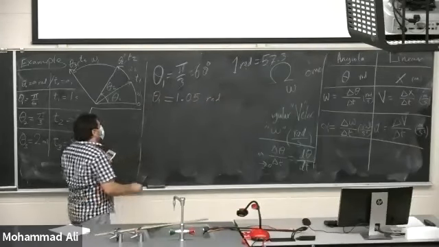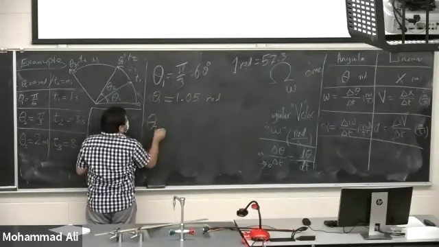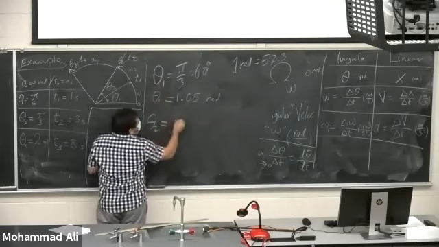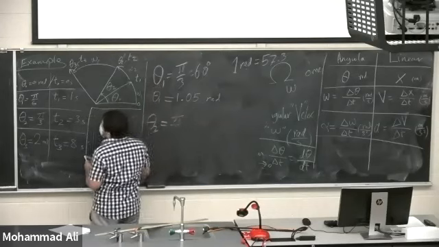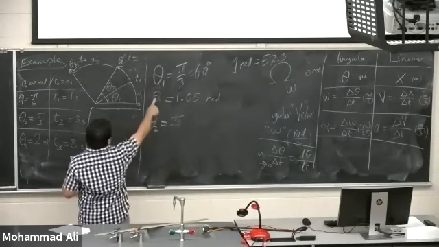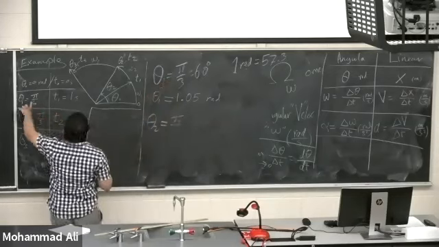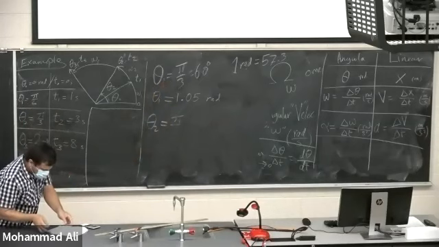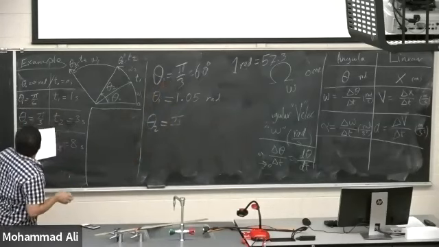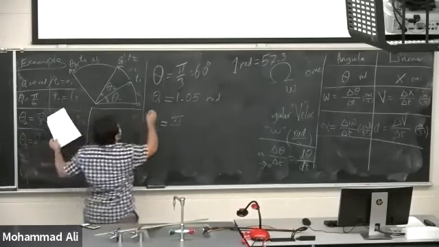This is 60 degrees. Theta 2, which is pi over 6. No, this is pi over 3. Okay, this is theta 2. I did something wrong. This is theta 2, yes.